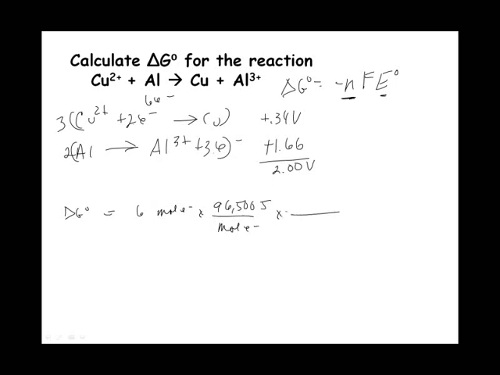You multiply that times my voltage, which is 2 volts, which is 2 joules per 1 coulomb. Cancel coulombs, cancel moles, and if I plug and chug, I end up with 1,158 kilojoules of energy. Quite a bit.